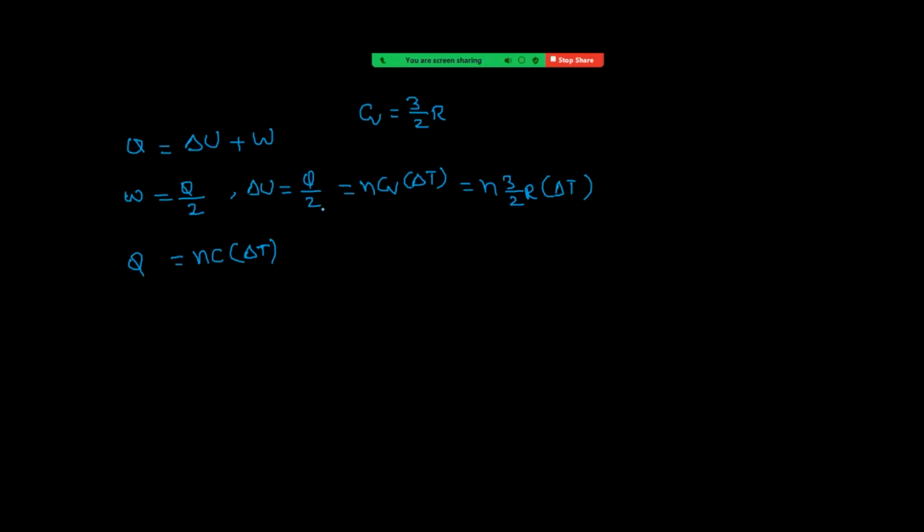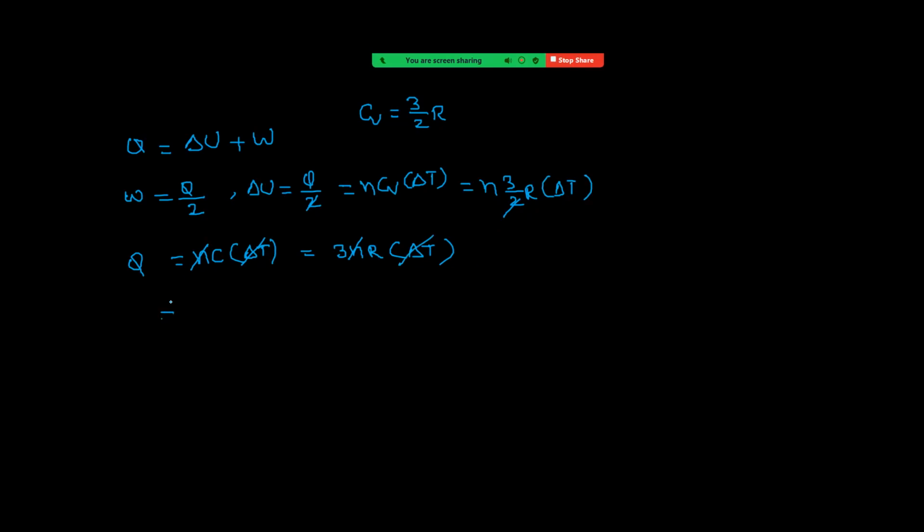So in the place of Q, or what I can do here, cancel 2 and 2. So in the place of Q, 3nR delta T. Substitute here. This is equal to 3nR delta T. Check it once. n delta T gets cancelled.